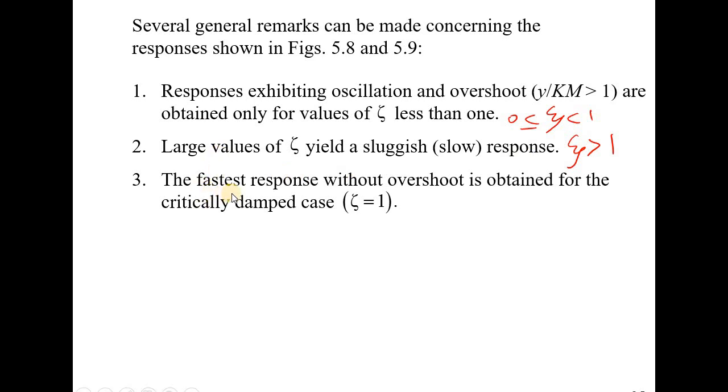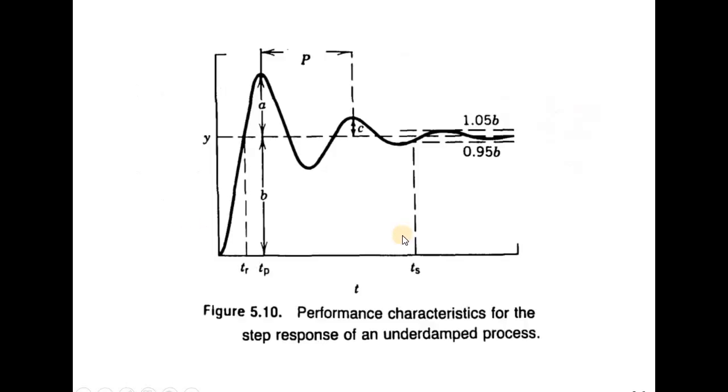The fastest response without overshoot, and here I don't like the word fastest because it's not really the fastest response, but it doesn't have an overshoot. The fastest response without the overshoot is obtained for the critically damped case, for Xi equal to 1.